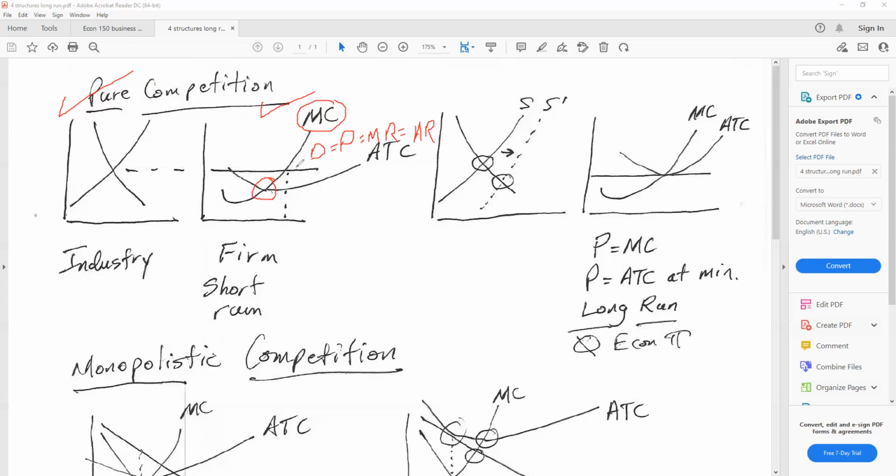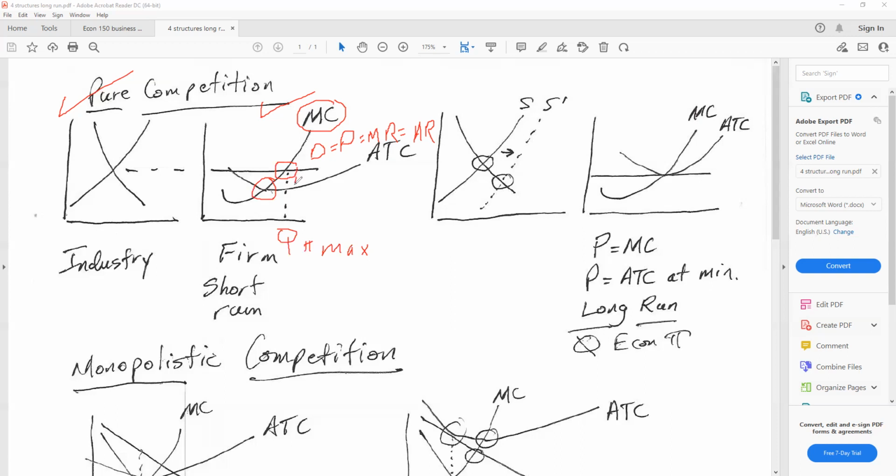Now, we want to recognize what is the profit maximizing level of output. That level of output is where marginal revenue equals marginal cost. And that applies to all of the business structures. All of the businesses will maximize profit where marginal revenue equals marginal cost. So in pure competition for the firm, where marginal revenue equals marginal cost, that is at this point right here.